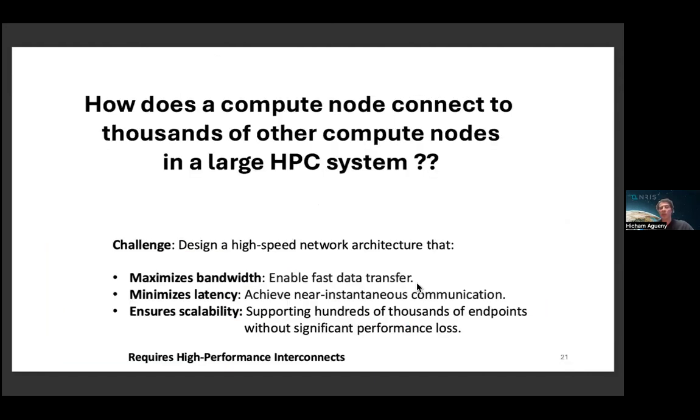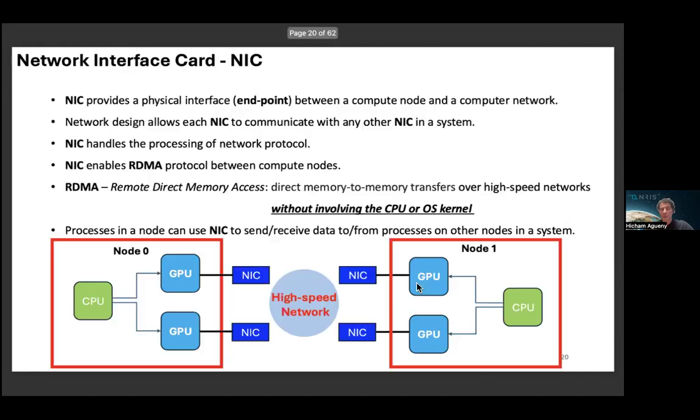Now, this is a simple example of two compute nodes. The question that we can think about is, what about having thousands of compute nodes in a system? How is it possible for each compute node to be able to talk to another 999 compute nodes?